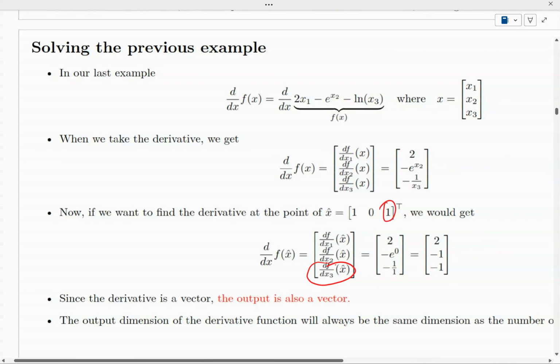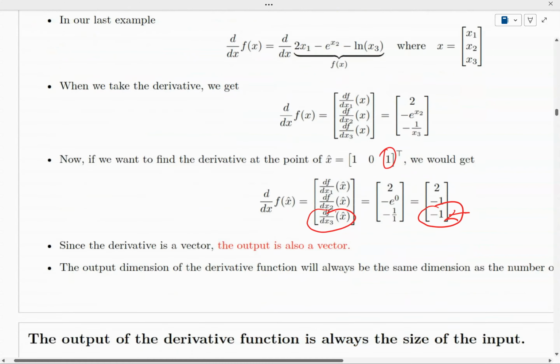And at point 3, at this exact point, if you were to increase x3, you're going to decrease the function. So it's telling you exactly how you tweak each input, it would manipulate the outcome of the function. Okay?